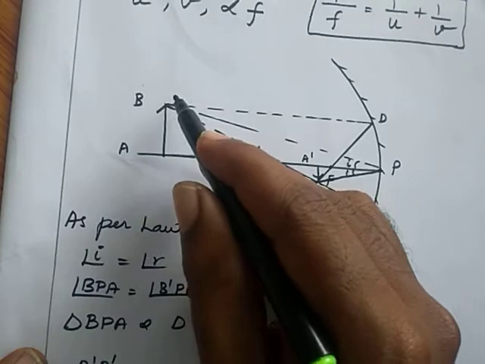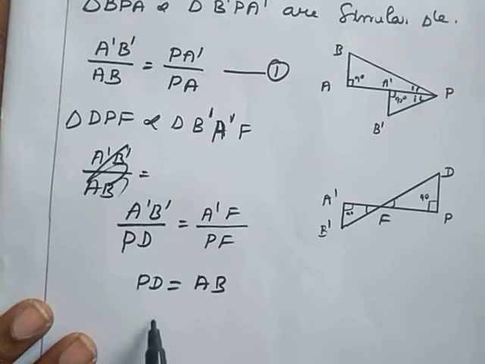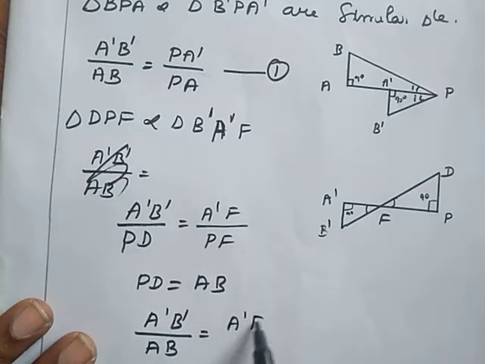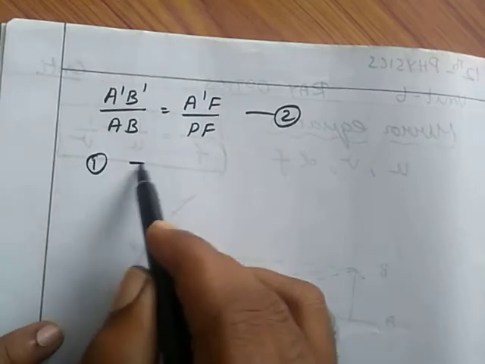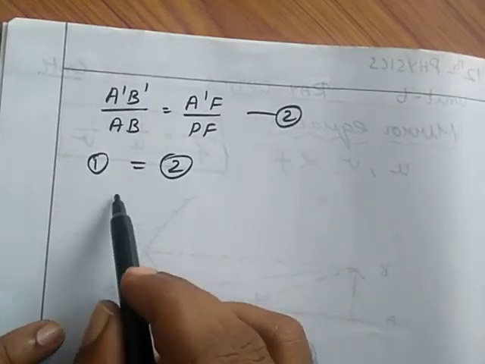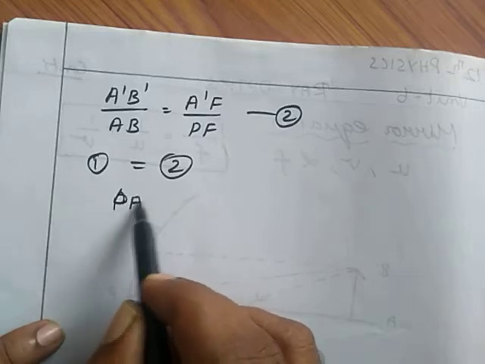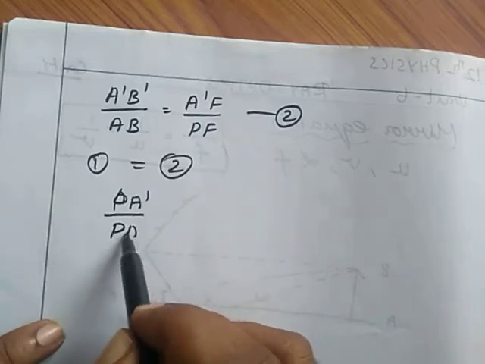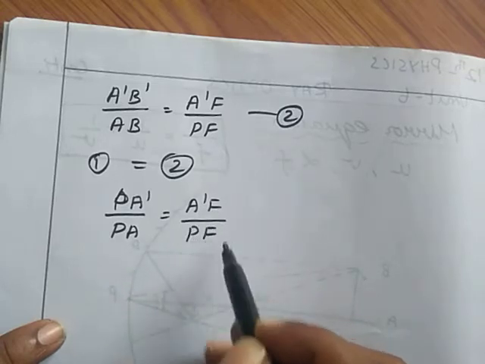Then the above equation becomes A dash B dash by AB is equal to A dash F by PF. This is equation 2. Equating 1 and 2, we get PA dash by PA is equal to A dash F by PF.